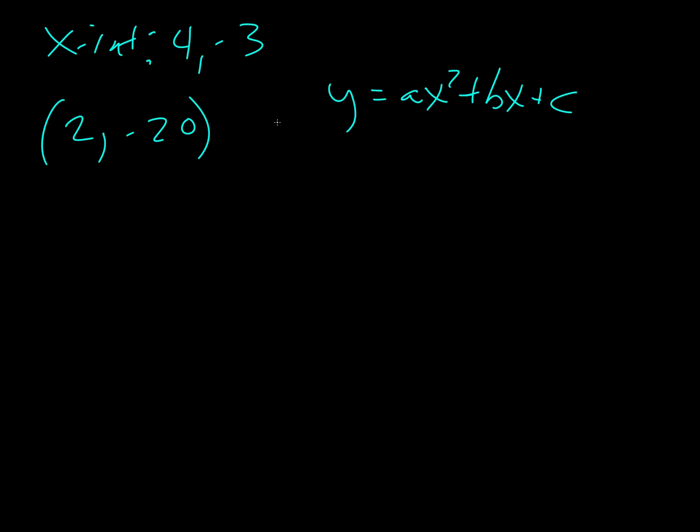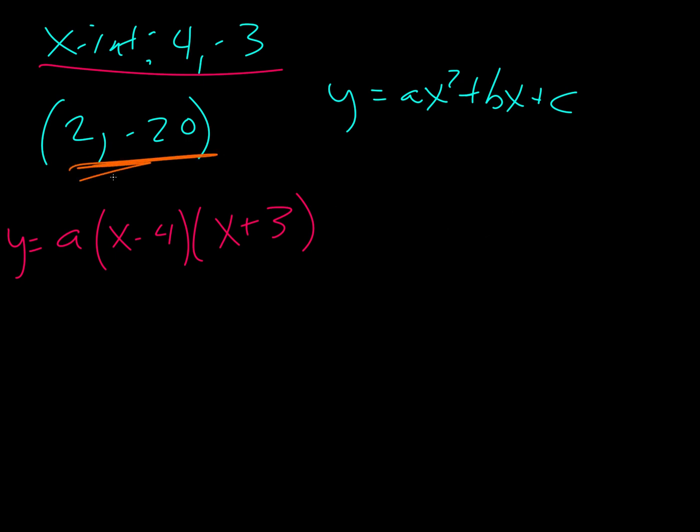So a couple things we can do. We can set up a mock equation. Just like we were doing on those other ones, we change the signs from the x-intercepts. We know there's an a. We know this is about what our equation is going to look like.